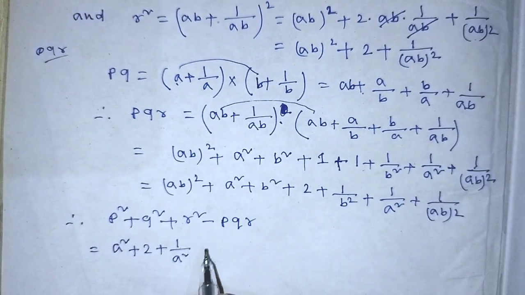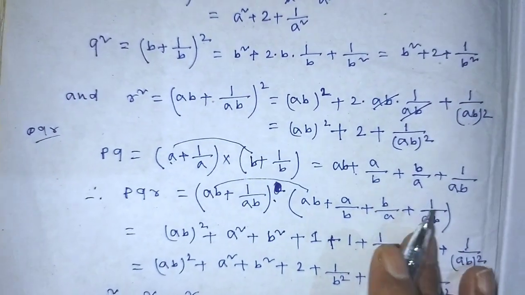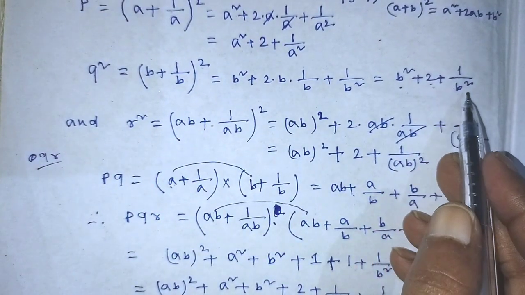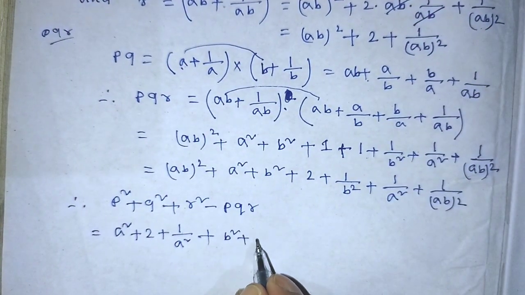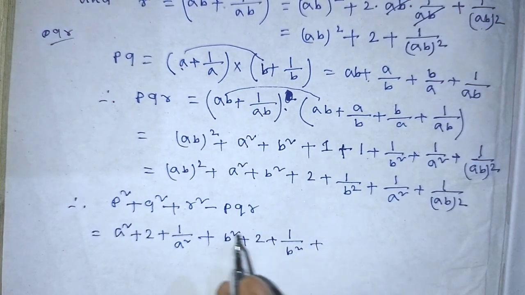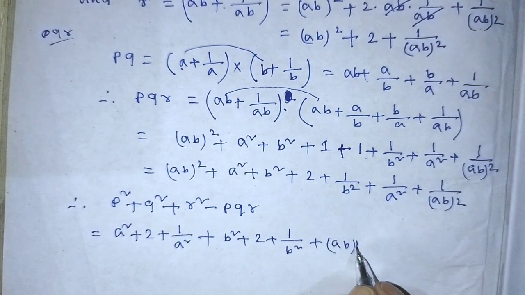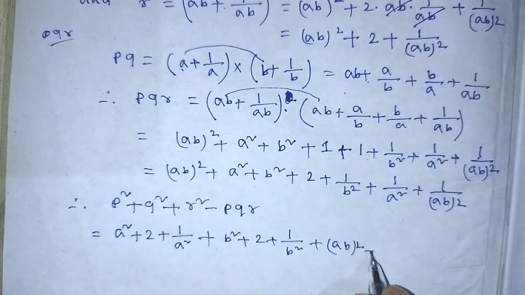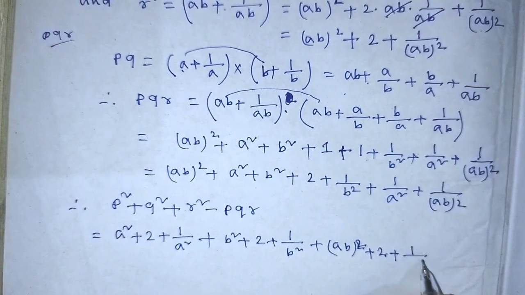Okay, plus the value of q square is b square plus 2 plus 1 over b square. Plus the value of r square is (ab) whole square plus 2 plus 1 over (ab) whole square.